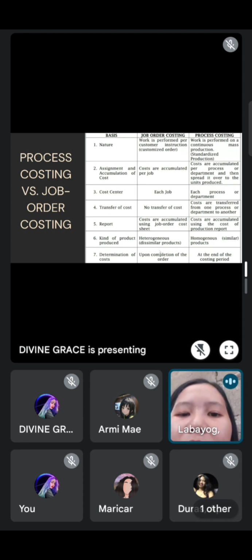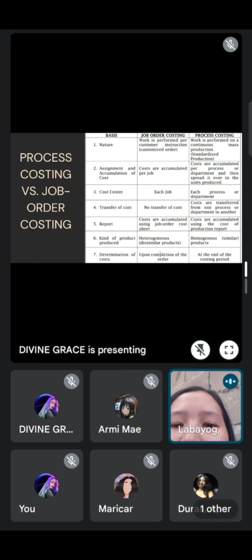In assignment and accumulation of costs, costs are accumulated per job. And in process costing naman, costs are accumulated per process or department and then spread over to the units produced. In cost center, in job order costing each job. Process costing naman is each process or department.